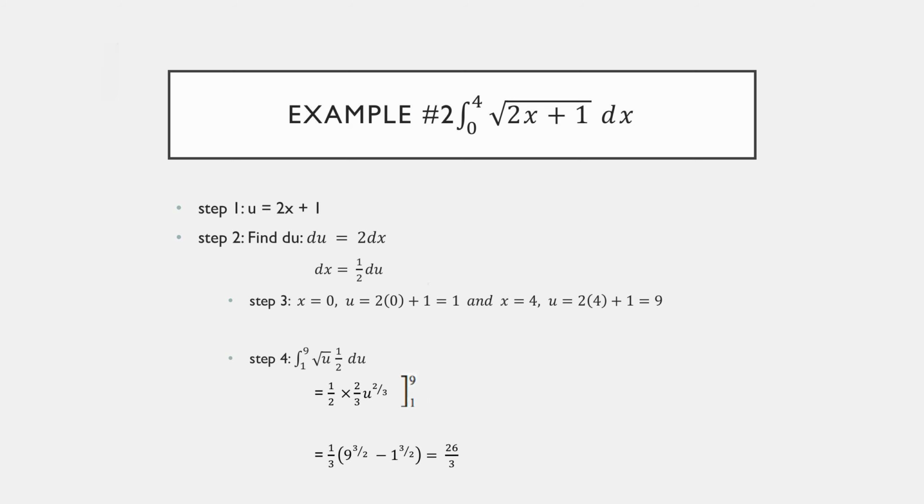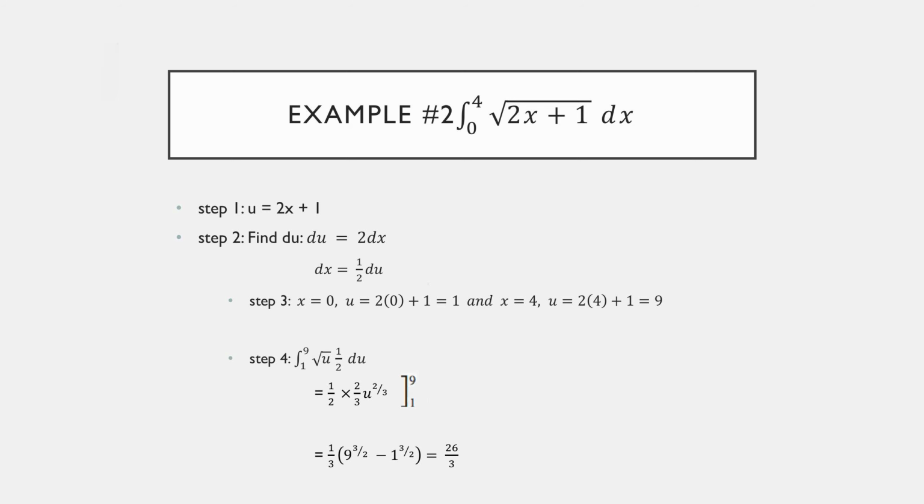And then for step 3, before changing our integral into u variables, we also want to change our boundaries to u because they were originally written in x terms. So to do that, we would set x equal to 0 and then plug in 0 to u equals 2x plus 1. So 2 times 0 plus 1 equals 1.